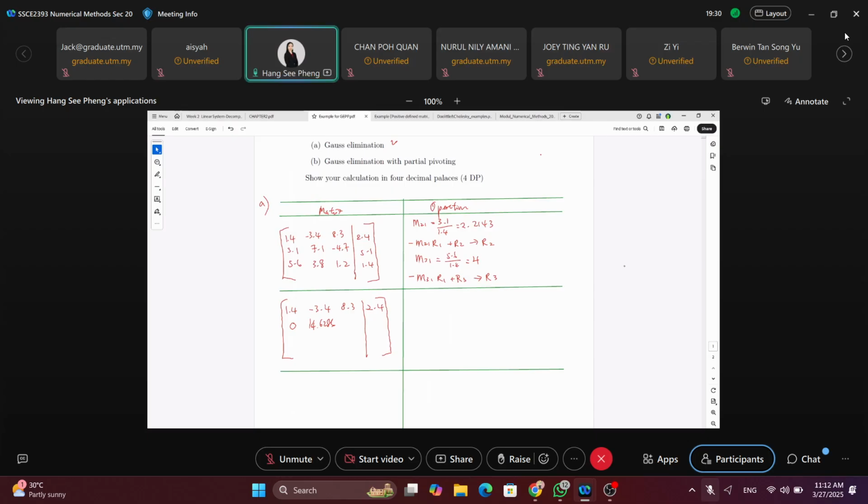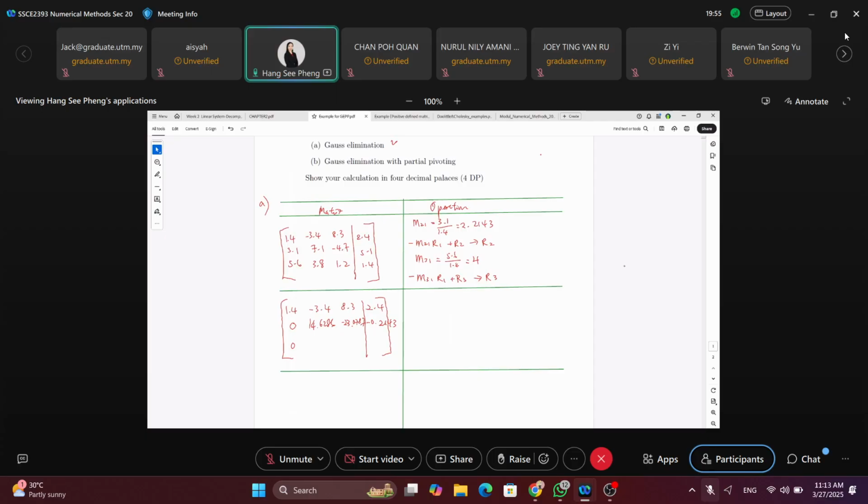Next, same. There will be many decimals here. It is a small matrix, so I should put a larger one.